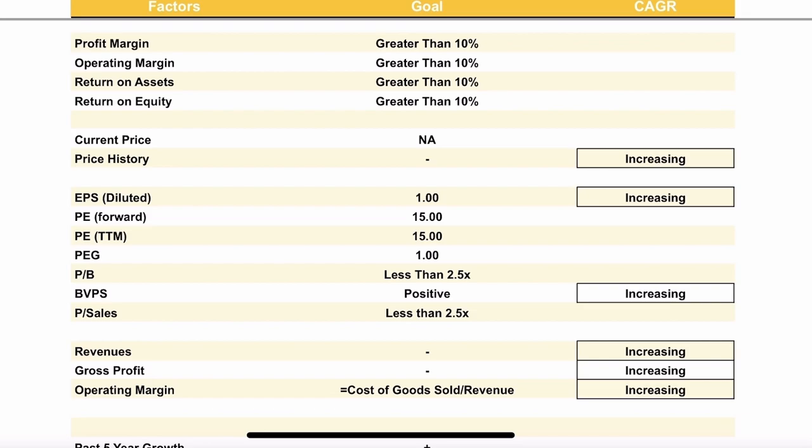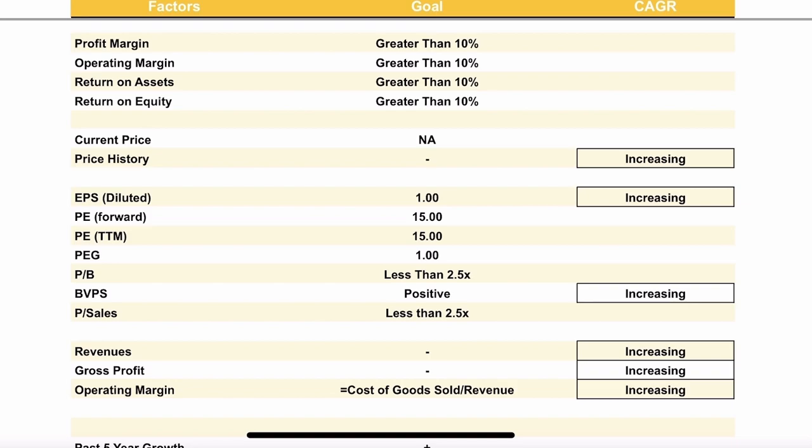So after capitalization, after working capital, the last thing I look at is profitability. And of course here, if you're looking at the screen, you see profit margin, operating margin, return on assets, return on equity. Those have to do with profitability. However, I put those up earlier in this format here because I see it as a review of management effectiveness.